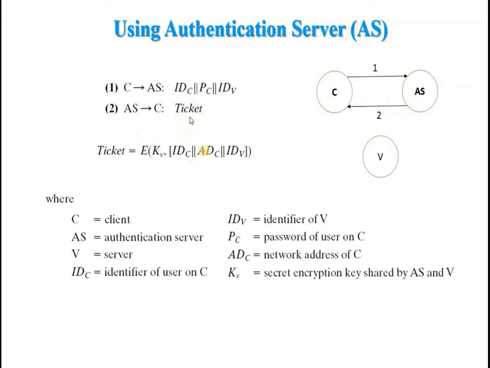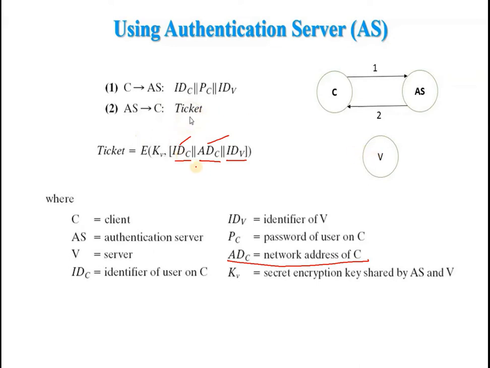What it contains is IDC, which was sent by the client itself. It contains ADC, the network address of C. And then IDV, the identifier for V, where V is the server here.